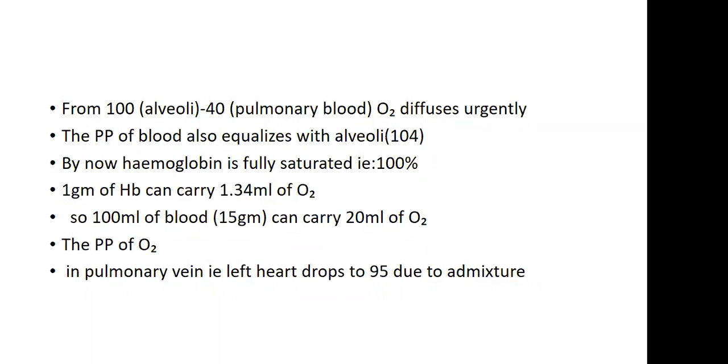And since a normal person is having 15 grams of the hemoglobin in 100 ml of blood, if you calculate how much oxygen will be there in the 100 ml of blood, if you multiply 1.34 with 15, it comes to 20 ml of oxygen. It's a bit more than 20 ml, 20 point something, but the admixture, if you remember, at the pulmonary level, it comes to 20 ml of oxygen.